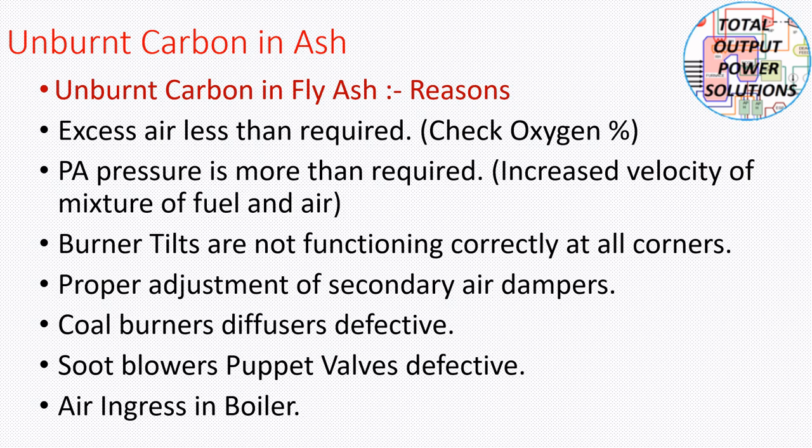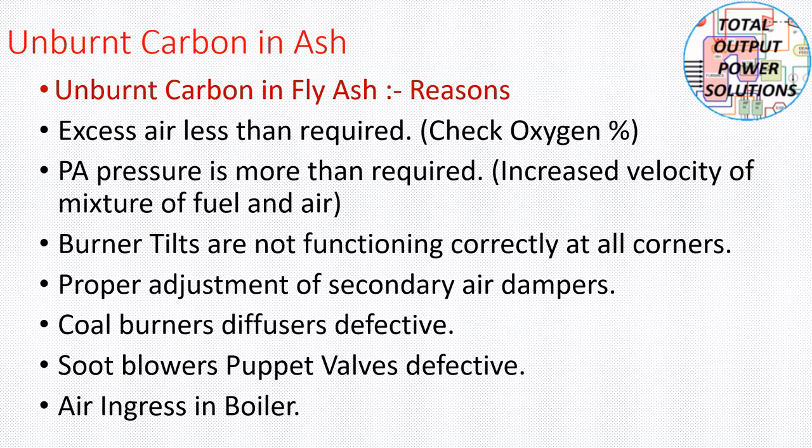Then proper adjustment of secondary air dampers. Secondary air dampers are maintained for complete combustion. If they are not open, or sometimes they are showing open but from the inside they might not be open, then there is a problem. So proper adjustment of secondary air dampers is also necessary for the reduction in unburnt carbon in fly ash.